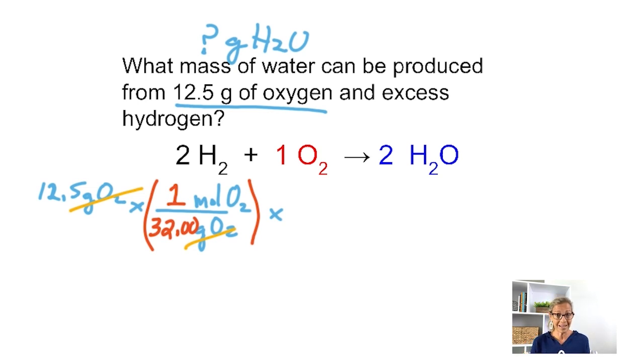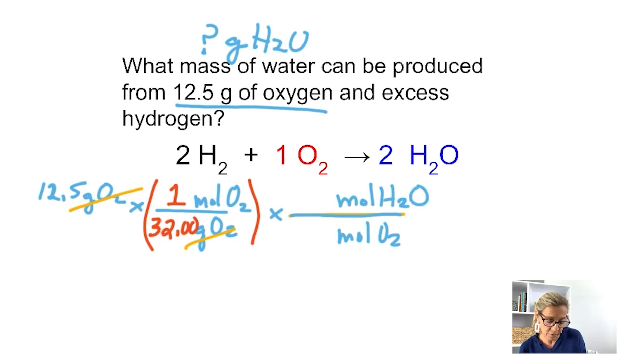Where am I going? I'm going to water. So I need a mole ratio. Get rid of your moles of oxygen and trade that in for moles of water. Now where do the numbers come from? This one comes from the reaction. I've got a 2 in front of the water and a 1 in front of the oxygen.